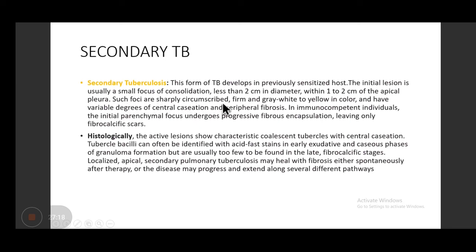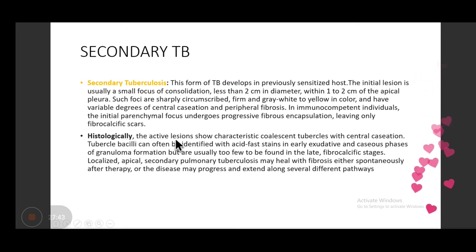These foci are sharply circumscribed, firm, and gray-white to yellow in color and have variable degrees of central caseation and peripheral fibrosis. In immunocompetent individuals, the initial parenchymal focus undergoes progressive fibrous encapsulation, leaving only fibrocalcific scars, right?